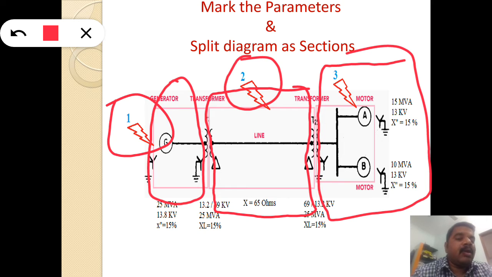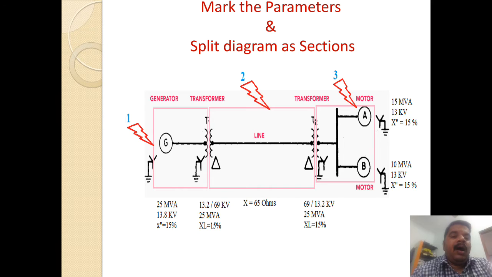All these values are nearby, effectively equal, so we consider them the same section: transformer T2 secondary, motor A and motor B. From this we conclude that in the problem we have three sections: generator to transformer T1 primary, transformer T1 secondary to transformer T2 primary, and transformer T2 secondary to motor A and motor B.